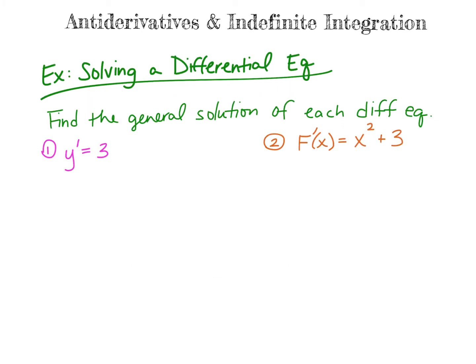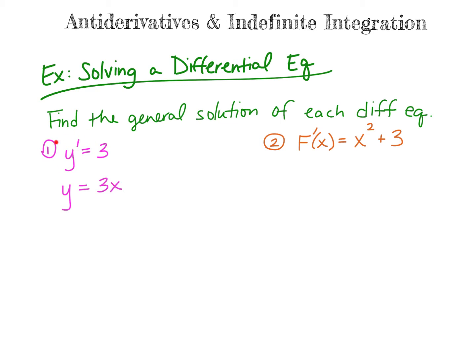Let's find the general solution for each one of these differential equations. In number 1, we have a pretty simple one, y prime equals 3. We want to know what the general solution is, so that would be y. And what did we take the derivative of to get 3? Well, we took the derivative of 3x. Now actually here, I don't even know that our other variable is x.